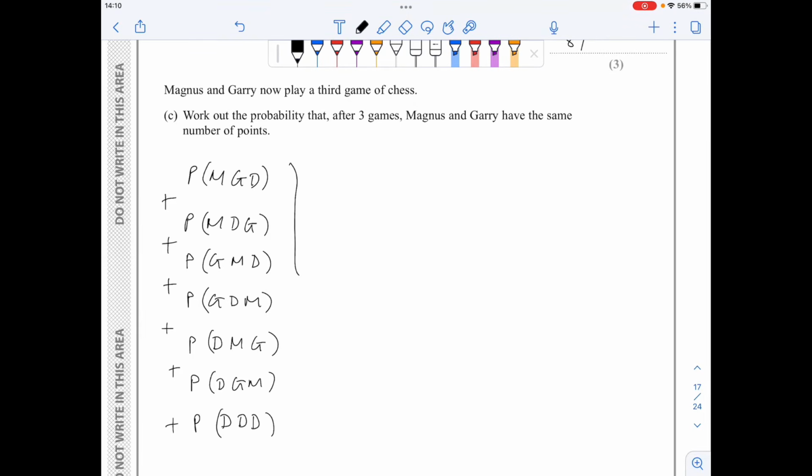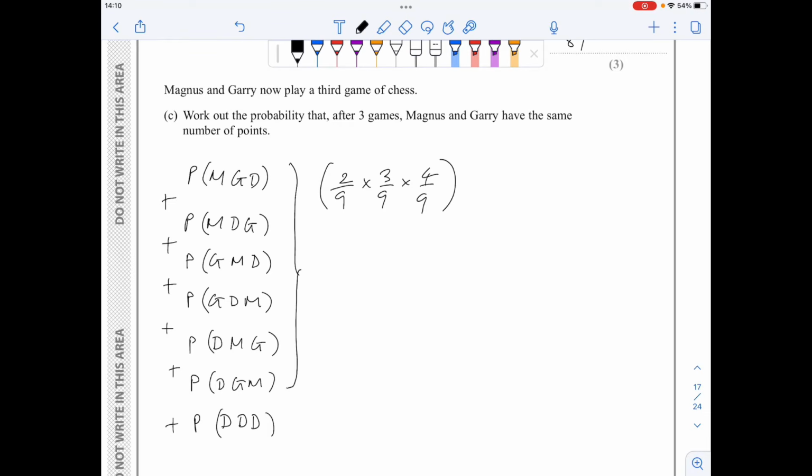Now for these 6 combinations, I will have 2/9 times 3/9 times 4/9. The 2 is for Magnus winning, the 3 is for Gary winning, and the 4 is for a draw. And all the rest will be exactly the same. It's just the numerators will be reshuffled.